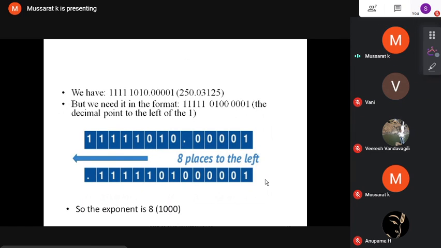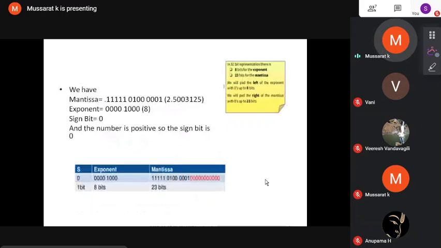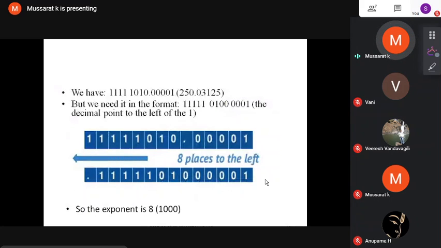After the left side we count 1, 2, 3, 4, 5, 6, 7, 8, so 8 digits. We have to shift this point to the left by 8 digits. So we have shifted to the left 8 times, and that's why the exponent value is 8.